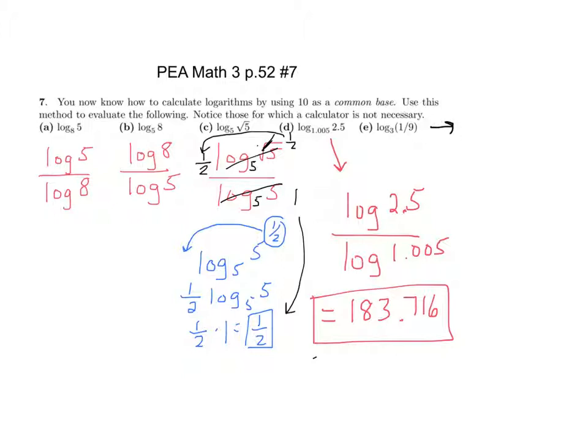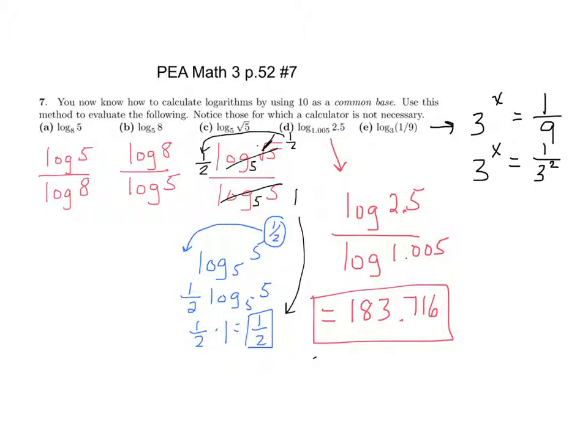You could just say 3 to what power gives me 1/9. That's how I would do this. I wouldn't use a change of base. We can, and I will, just to show you that that's what we can use. But that's telling me 3 to what power is 1/9. Now, I'm going to have the same base. So 9 is 3 to what power? 2. I knew that. So that's 1 over 3 squared.